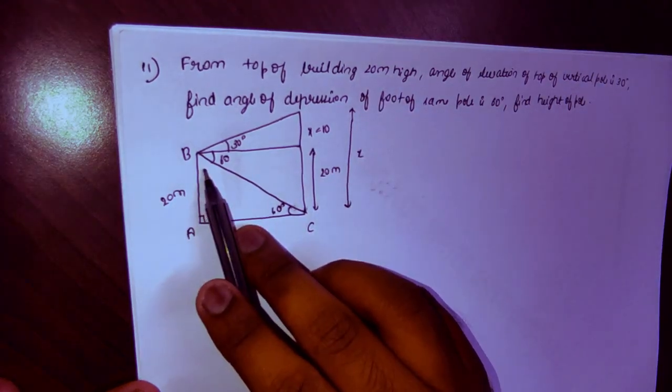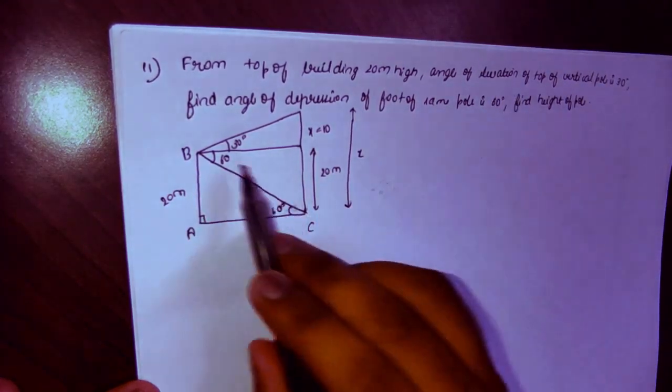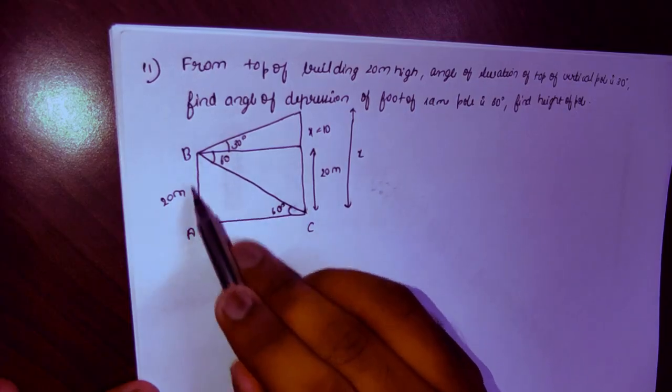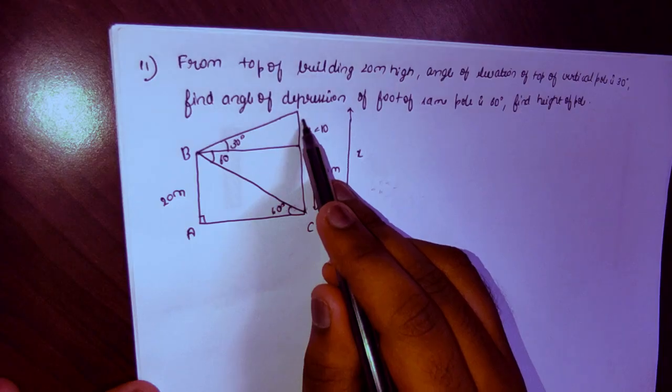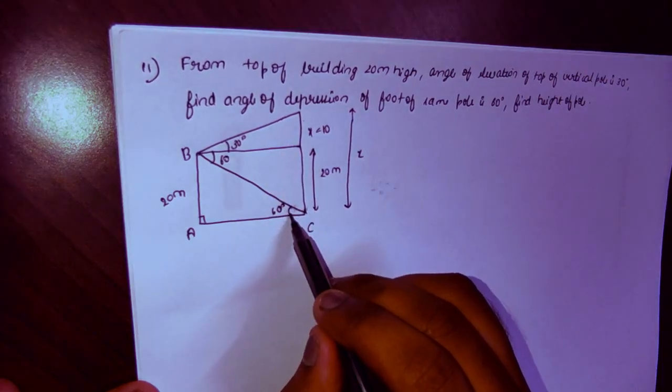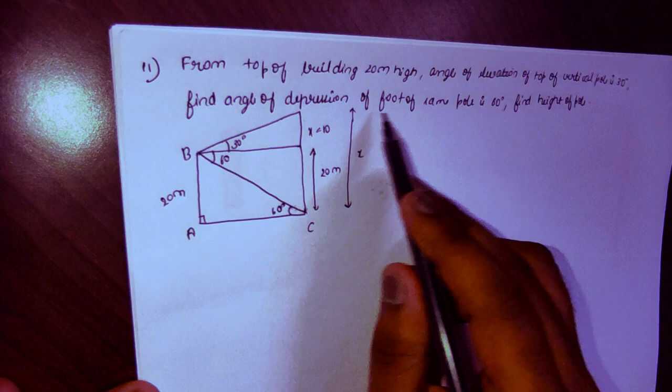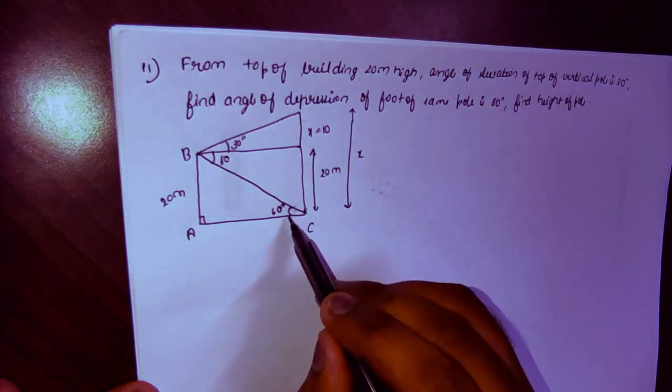This is 20 meter. The angle of elevation is given, that is 30 degree. From the top of this building, the angle of elevation is 30 degree. So they have given this angle. Find the angle of depression of the foot of the same pole.